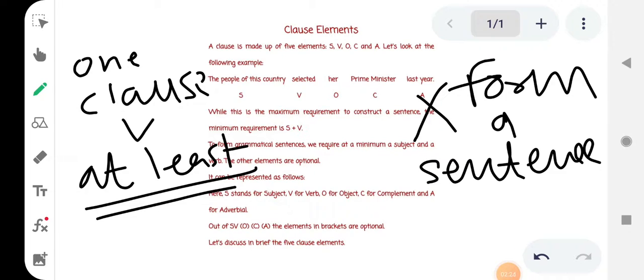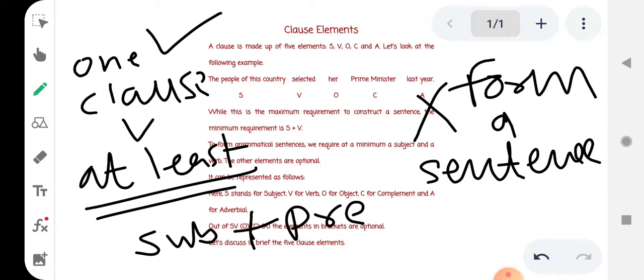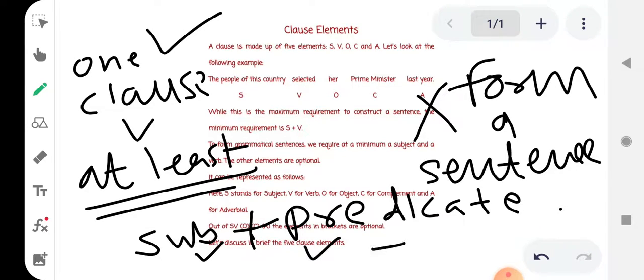That means in order to form a sentence, one clause is essential, and that one clause should be a structure of subject plus predicate. A subject plus one verb and other essential things, such as object or anything else.